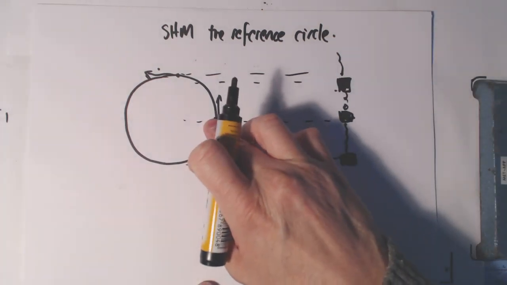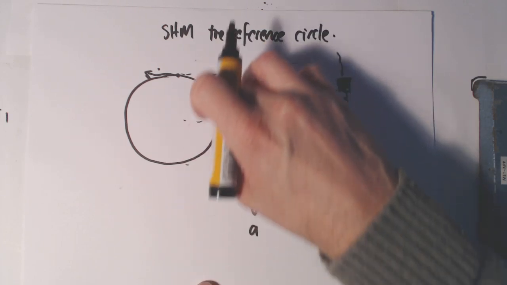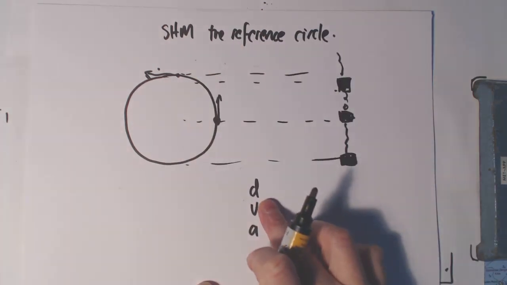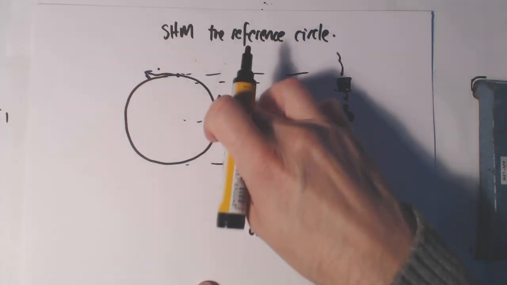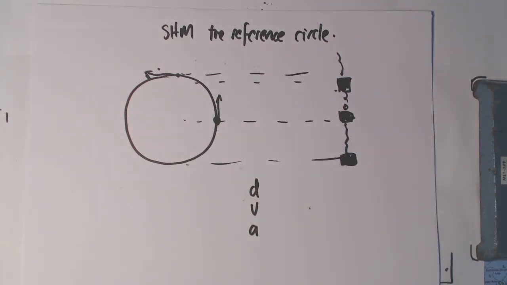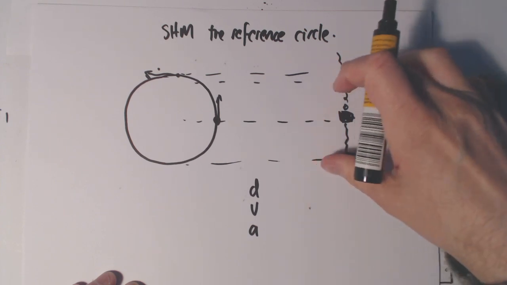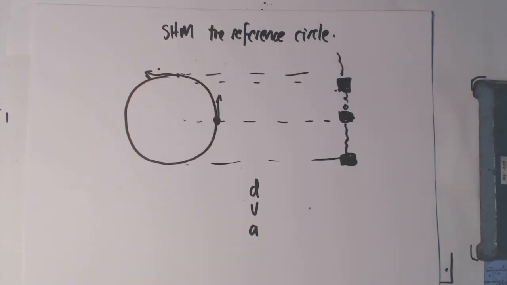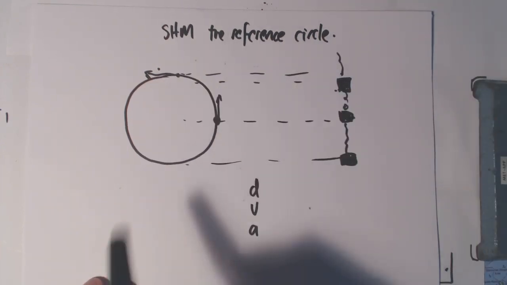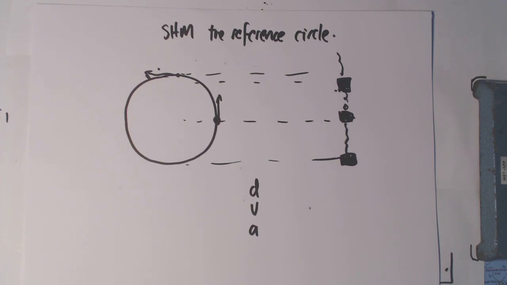So the vertical components of the displacement match. For its displacement to match, its velocity must match. And if its velocity matches, its acceleration must match. So what we find is that this complicated motion is exactly determined by one component of circular motion, which is really cool. So we can use this now to figure out D, V, and A.